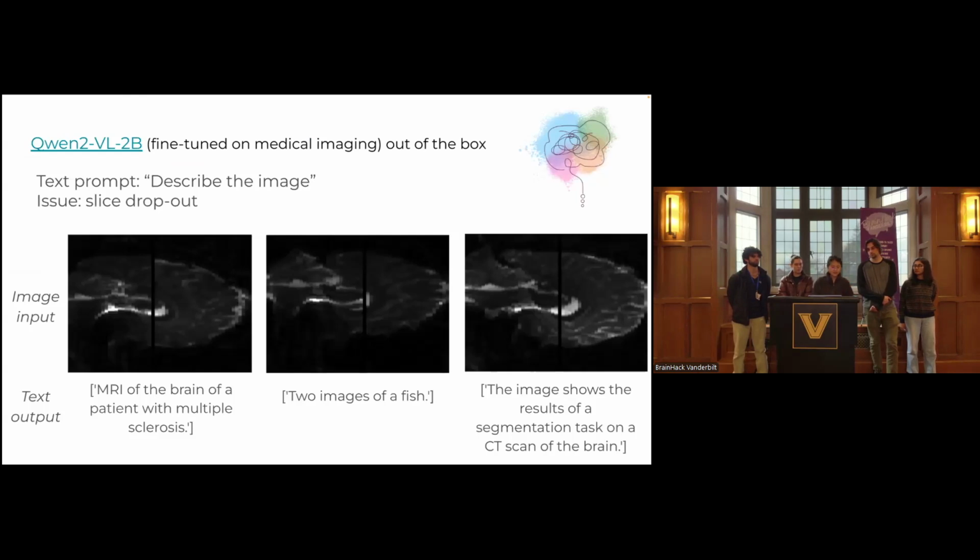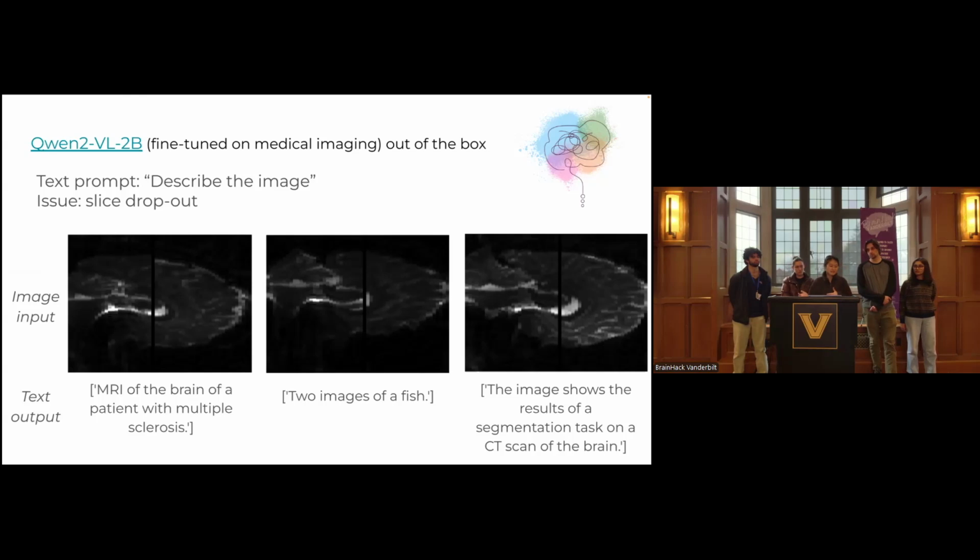So this is also some zero-shot results from one of the more advanced vision language models fine-tuned on biomedical medical imaging. So this model takes in the image. In this case, it's the corrupted DeepMReye brain image with slice dropout issue. And it also takes in the text prompt. And here we try to describe this image.